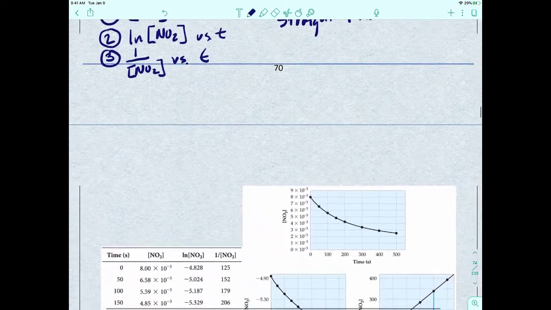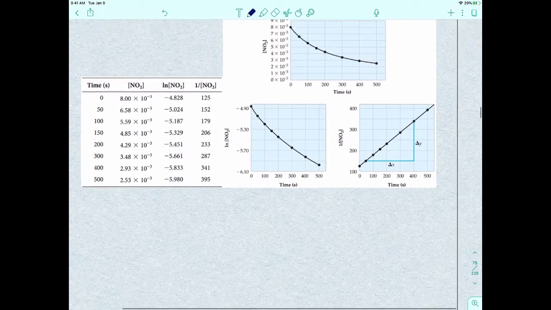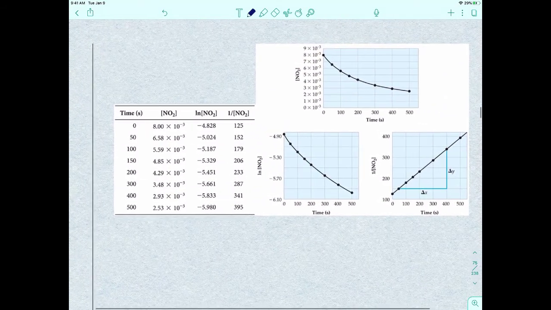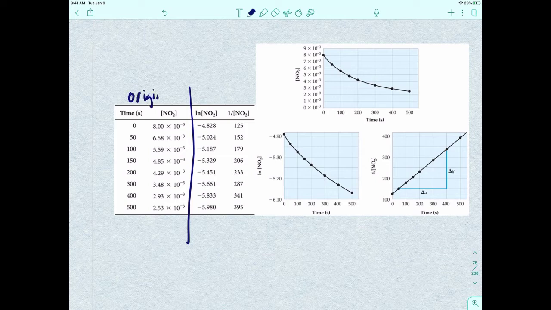So let me go ahead and give you that information. Before we take a look at the graphs, I just drew a line down this table. This is the original data, all in one shot, in 2 columns instead of split off into 4. I took the concentration of NO2 and took the natural log of it, and we got those numbers.